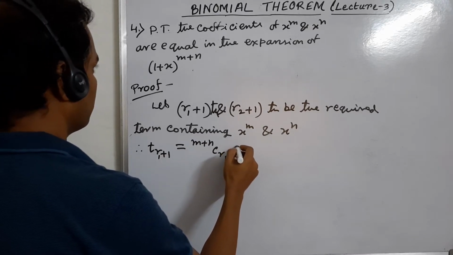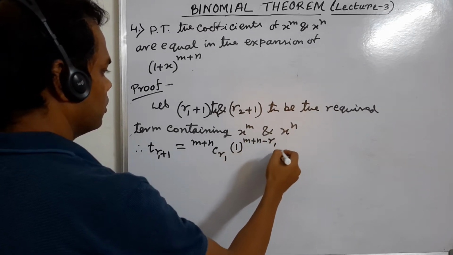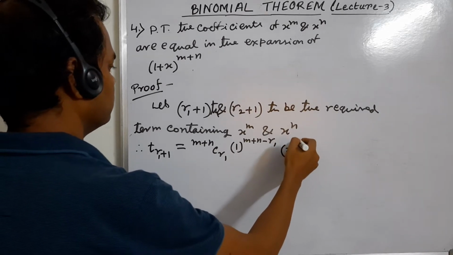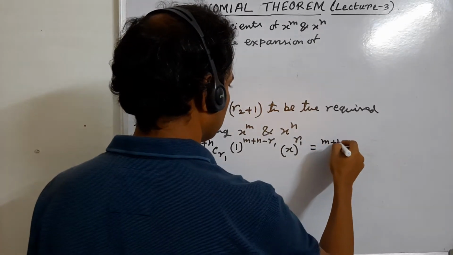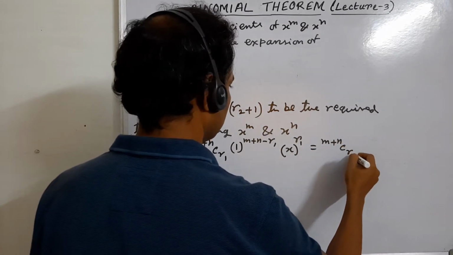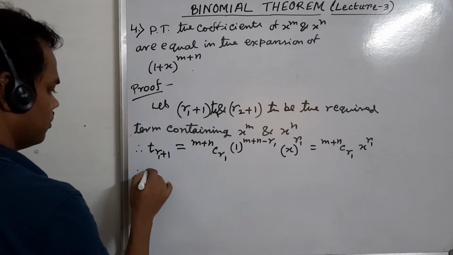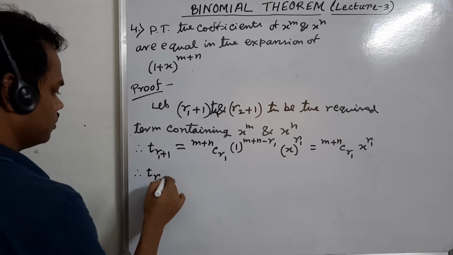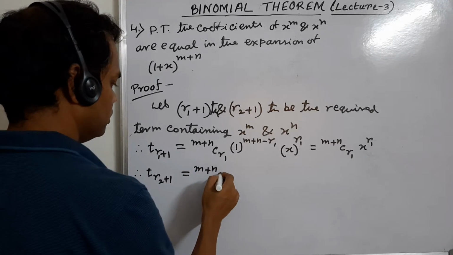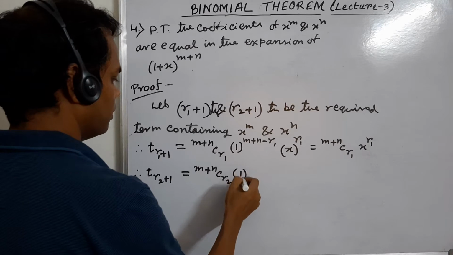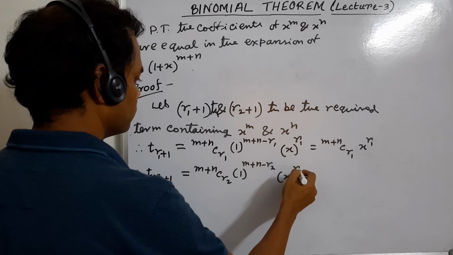So T of r1 plus 1 is equal to (m+n)C(r1) 1 to the power m plus n minus r1 x to the power r1. So we get (m+n)C(r1) x to the power r1, and therefore T of r2 plus 1 is equal to (m+n)C(r2) 1 to the power m plus n minus r2 x to the power r2.